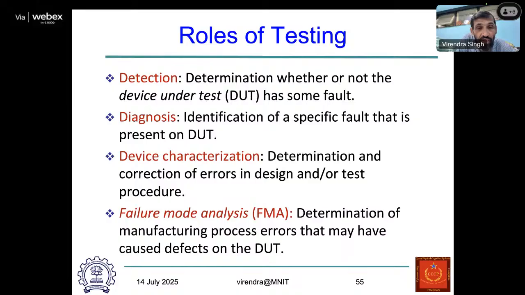So diagnosis means identification of a specific fault that is present in a given design under test. This can be used for failure mode analysis. Failure mode analysis means finding what went wrong in the process, because of which you are getting so many defects in the finally manufactured design.